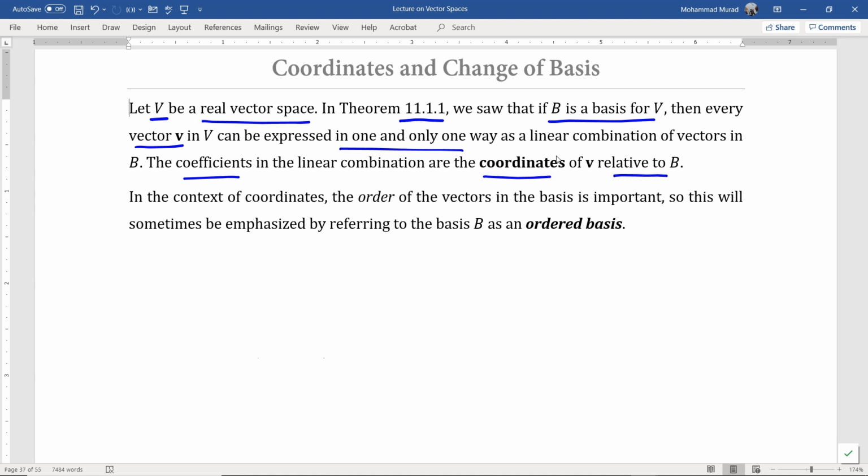In the context of coordinates, the order of the vectors in the basis is important. So, this will sometimes be emphasized by referring to the basis as an ordered basis.